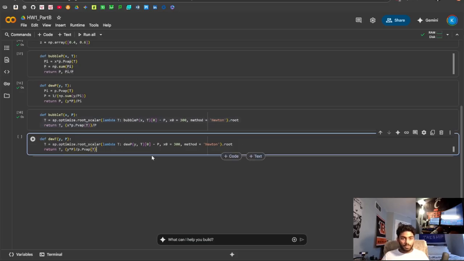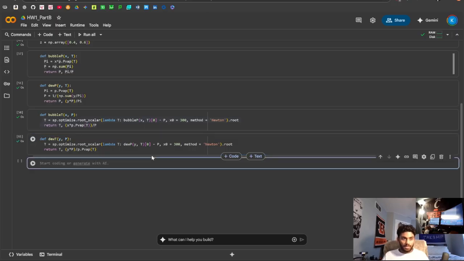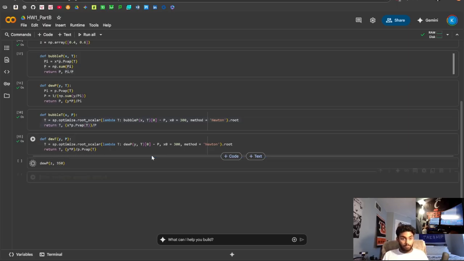Yep, everything looks good. So let's shift enter, and we'll check it in the same way we checked our bubble temperature calculation. So we'll do a dew P of z and 350 Kelvin.